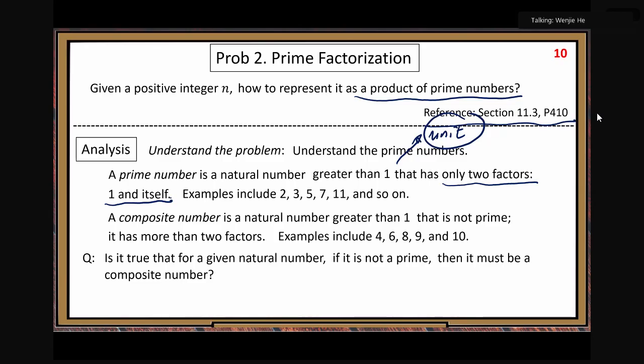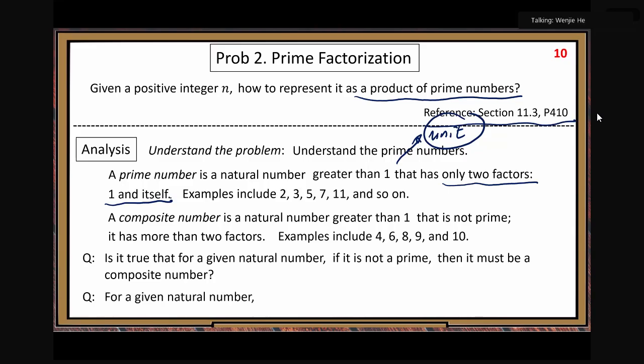Because here, I didn't exclude that unit number. That's why I ask you to read the question statement carefully. Do not miss any information.